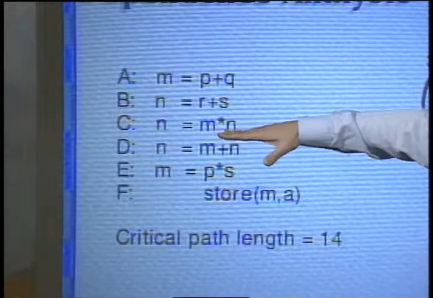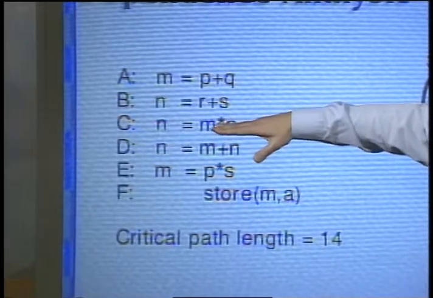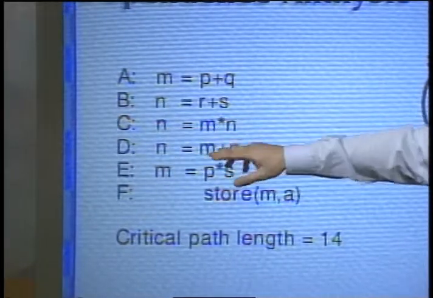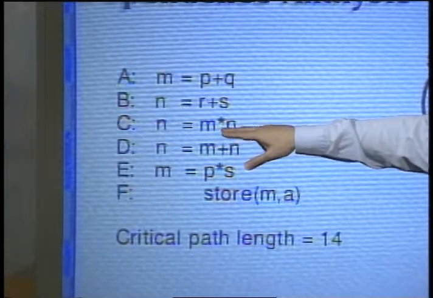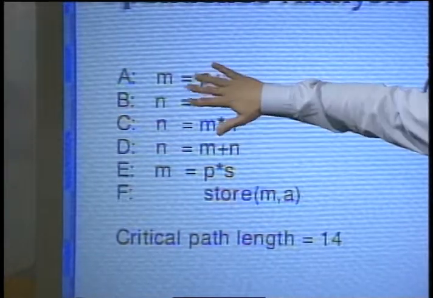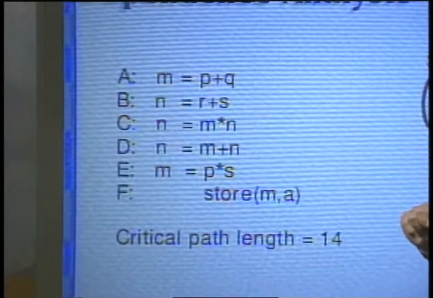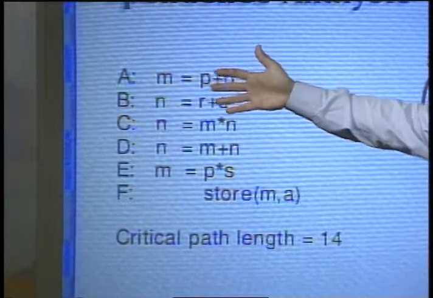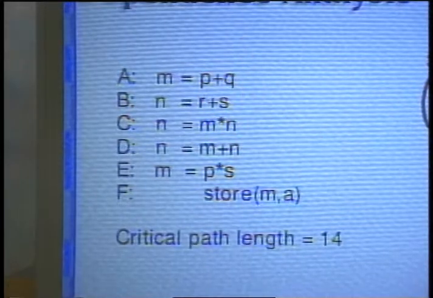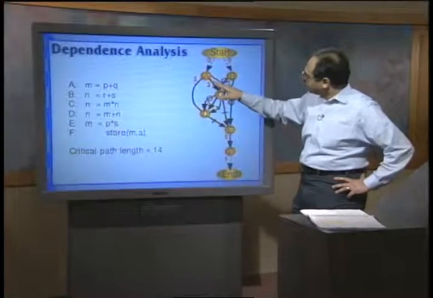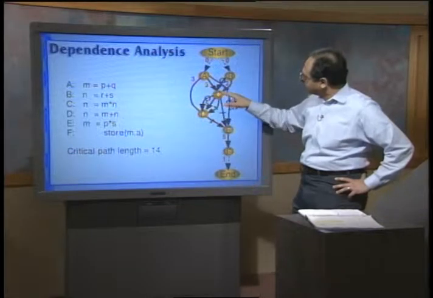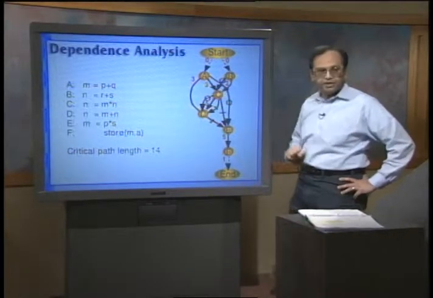For instance, over here, if we focus on instruction C, it uses as inputs m and n, which are generated by instructions A and B respectively. So there has to be a flow dependence edge from A and B to C. And in this diagram, it is represented by these two flow dependence edges from A and B to C.